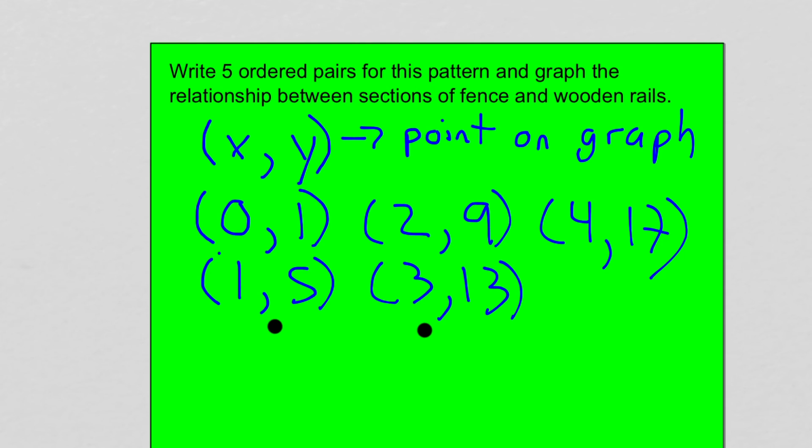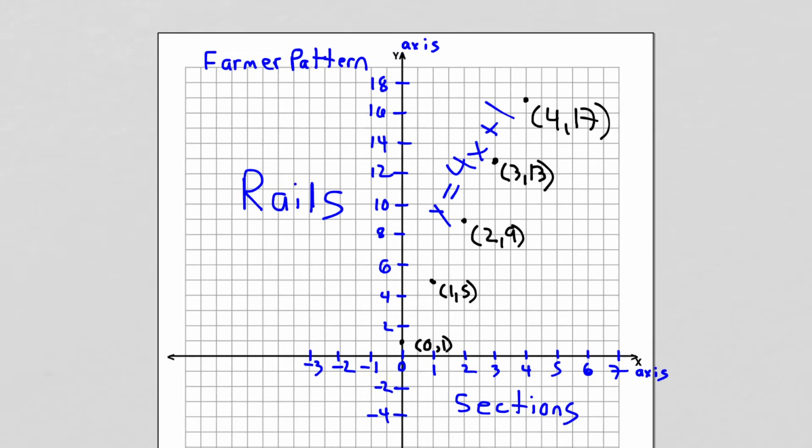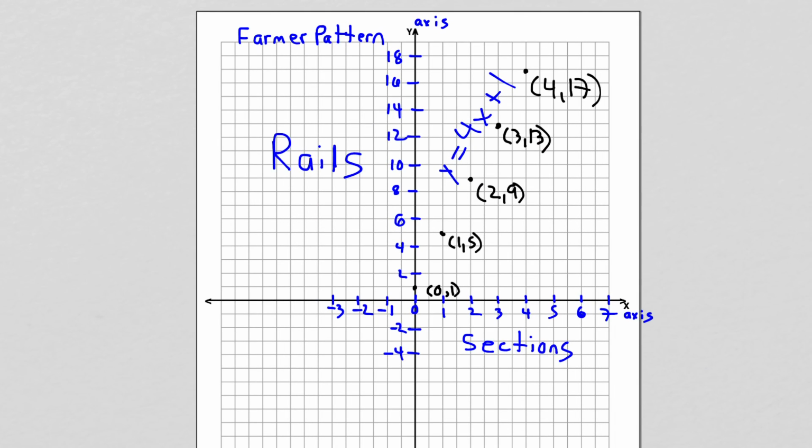We found ordered pairs for this graph, and then we actually took this pattern and we graphed it. And this pattern, this farmer pattern, is a straight line graph. So these are all the different ways we can represent the algebra in this situation.